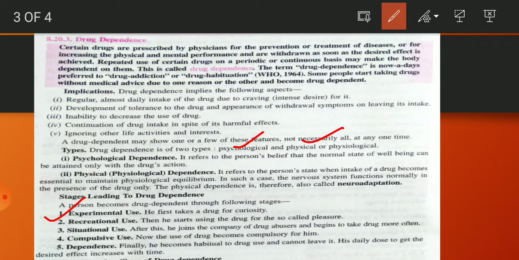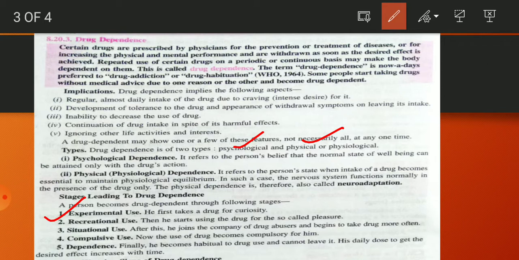It means he joins the company of drug abusers and begins to take the drug more often, because in that case he is already addicted. Then comes compulsive use. It means the use of the drug becomes compulsory for him. Without that particular drug he cannot live, because both mentally and physically the drug very much affects his living system.